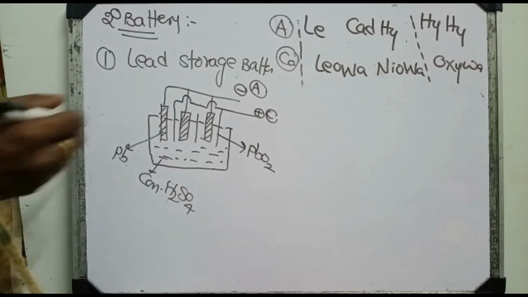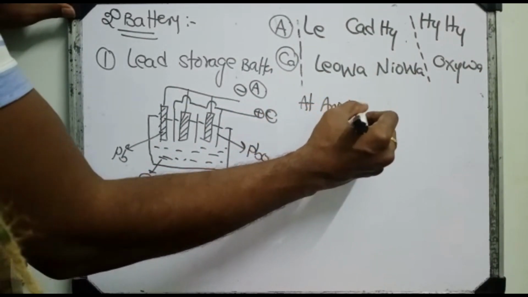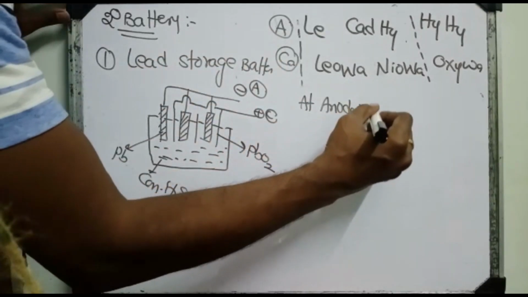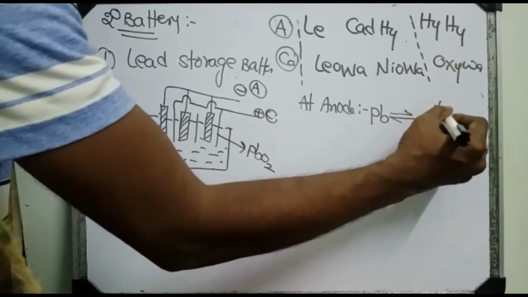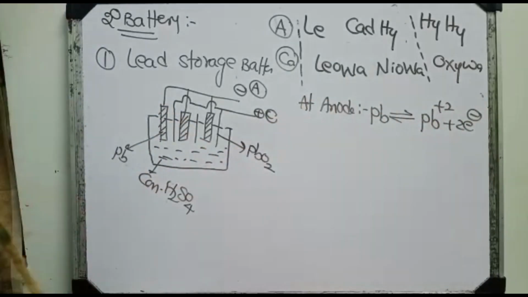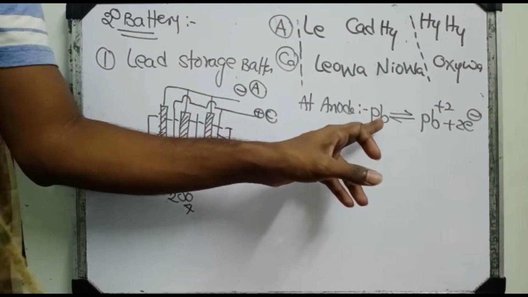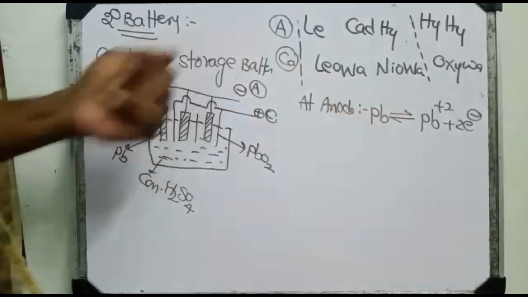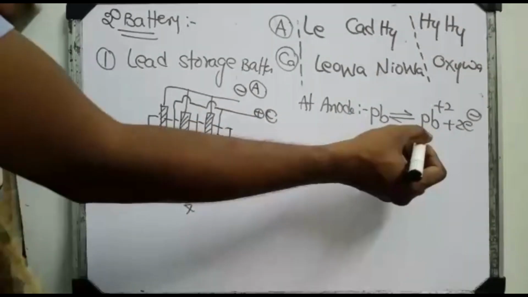What happens here at anode? Who is anode? Lead. What is lead doing? Pb loses 2 electrons: Pb becomes Pb2+ plus 2 electrons. I am writing it as reversible because it is a secondary battery. Chemical energy becomes electrical energy, and electrical energy also becomes chemical energy, so that's why we take it as reversible.